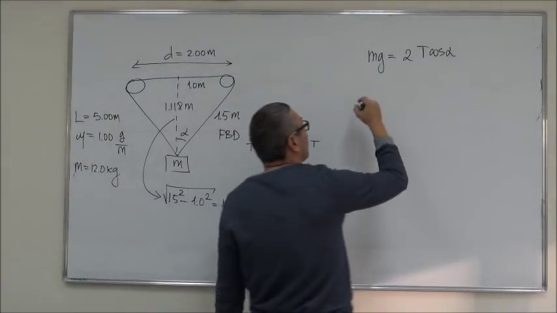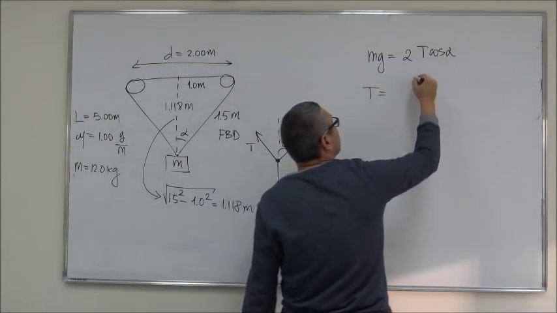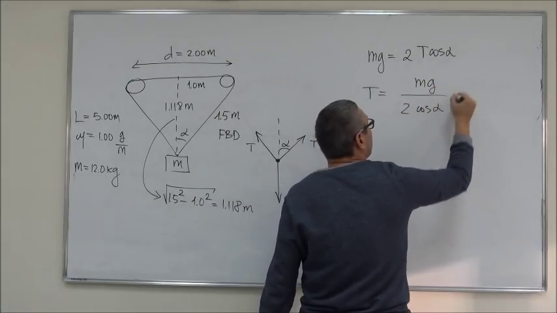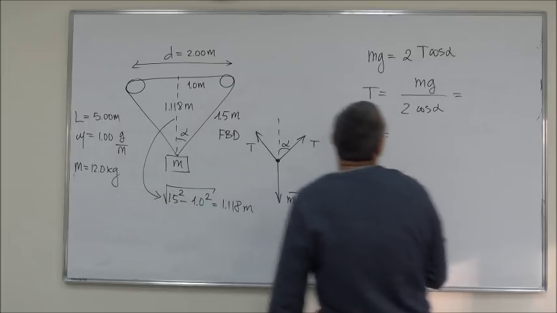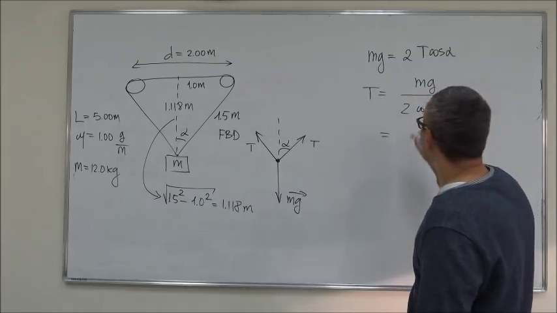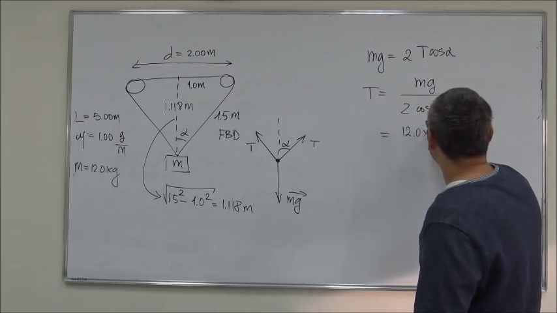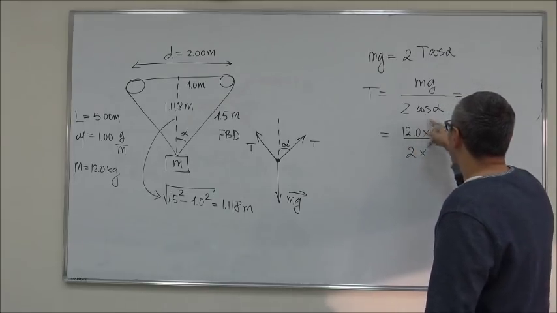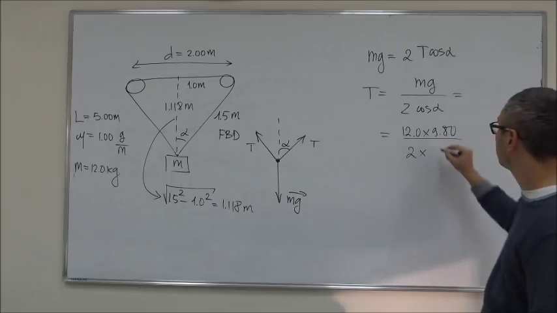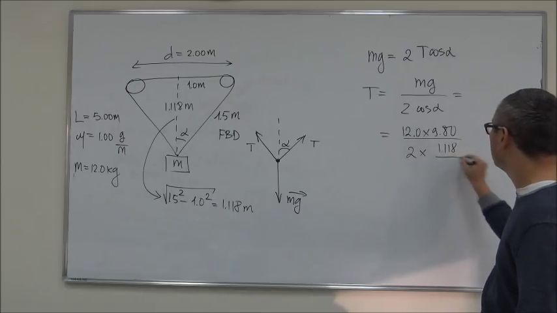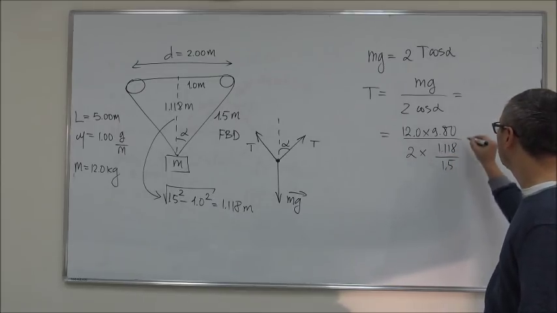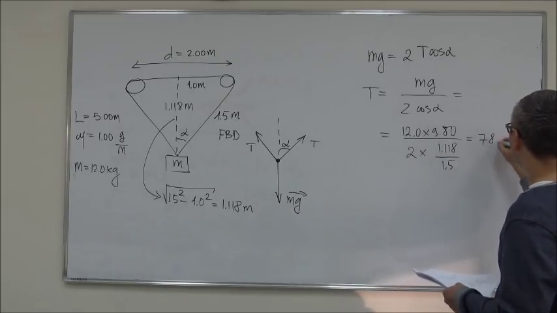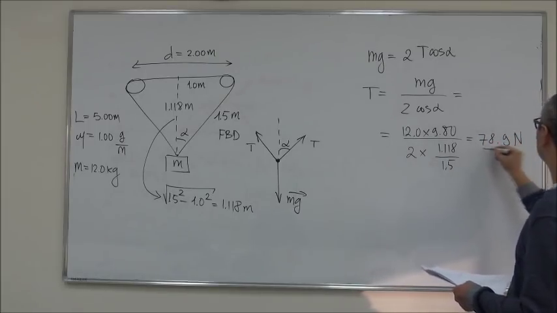So from here, then you can calculate for tension. That's mg over 2 cosine alpha. m is equal to 12, so 12 times 9.8 over 2 times cosine alpha, which is 1.18 over 1.5. Well, if you do the calculation, you should get 78.9 Newton for the tension.